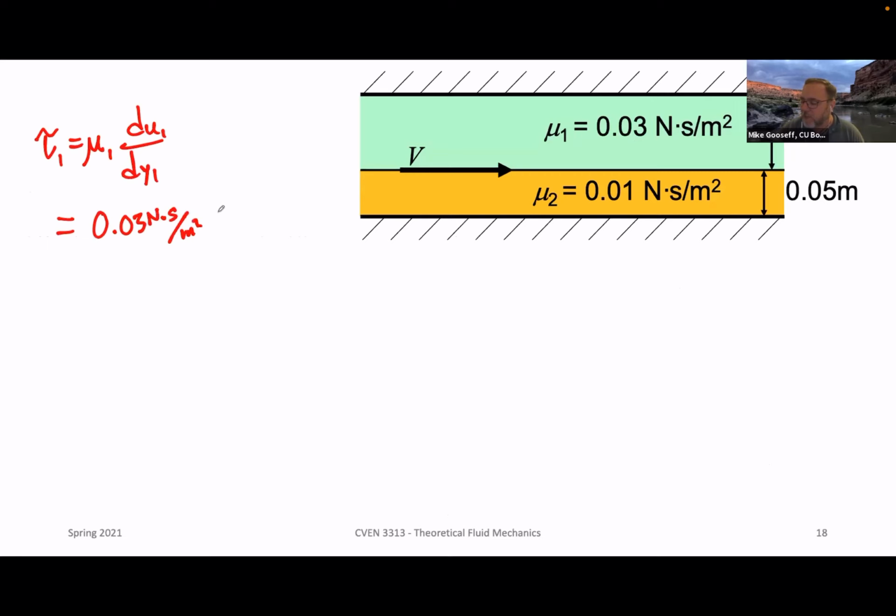And now we basically go from 2.8 meters per second minus 0 divided by 0.09 meters, so 9 centimeters, minus 0, right?